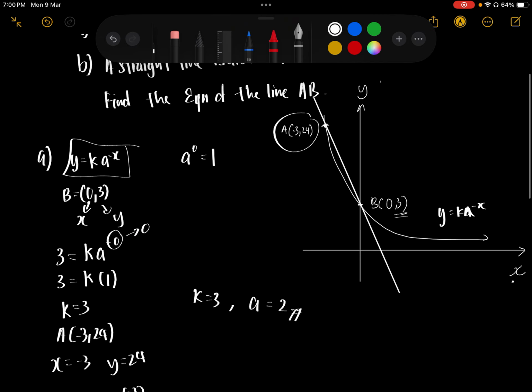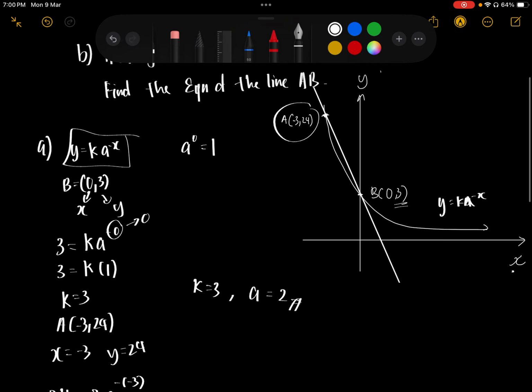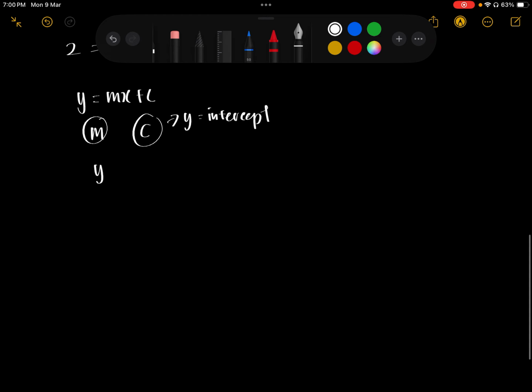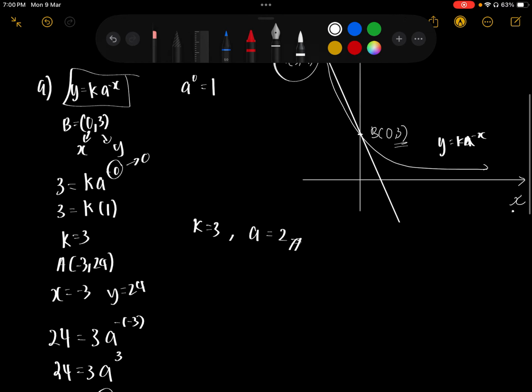It is at 3. Your y-intercept is when the line touches the y-axis, which is at 0 on the x-axis. So your c will equal 3.